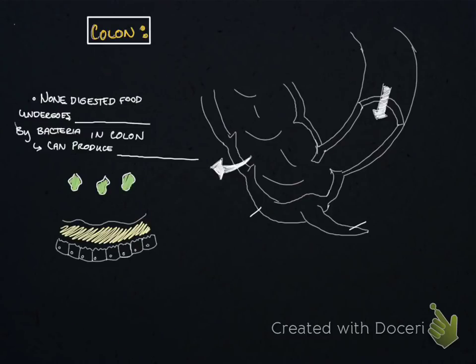So what about in the colon? So here's the last part of the small intestine, the ileum. And we have some non-digested particles. They pass the ileocecal valve into the first part of the colon, called the cecum, where there is bacteria.